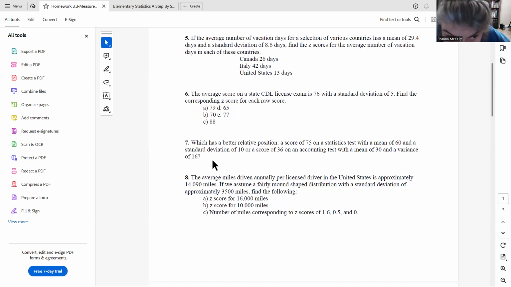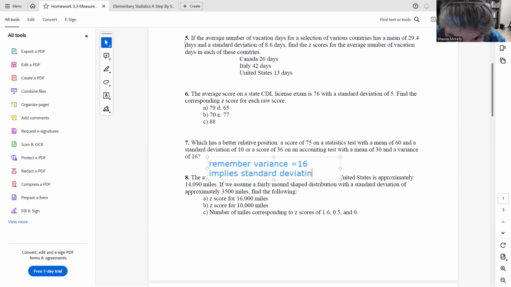So if you put this in your calculator when you do the second one, remember variance 16 implies that standard deviation is the square root of that number.